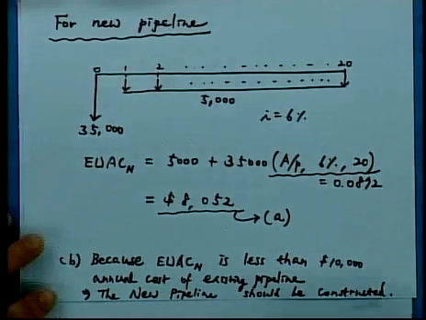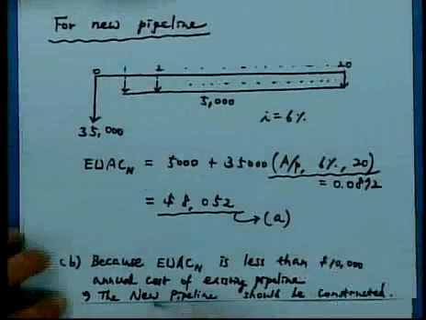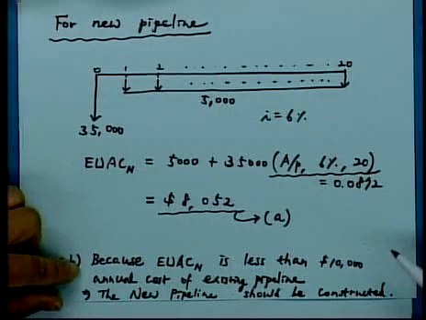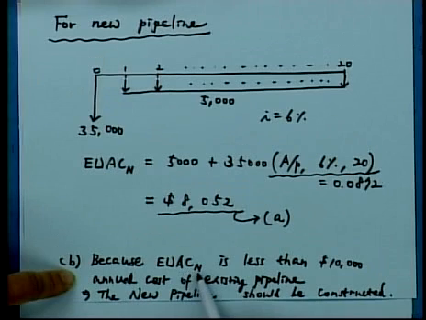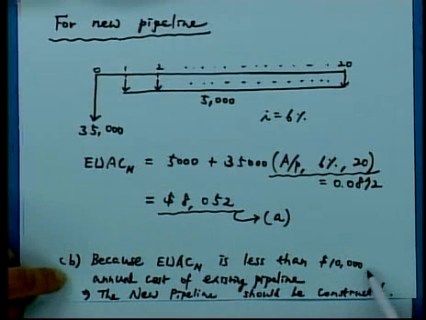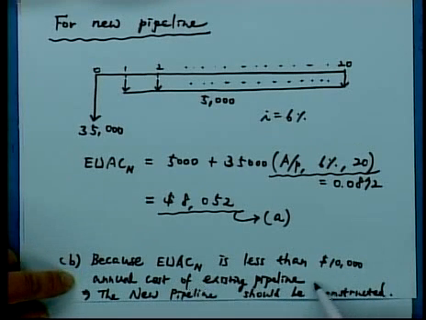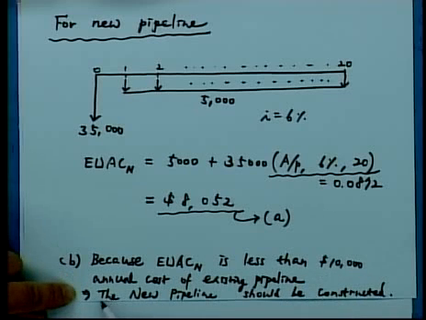Sorry, it's too small. So what I've written down here is: because the equivalent uniform annual cost for the new pipeline is less than the $10,000 annual cost of the existing pipeline, the new pipeline should be constructed. Okay.